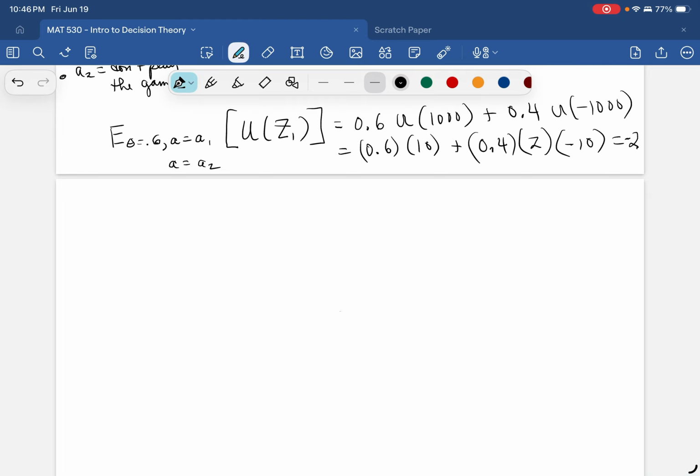Now let's look at what happens if n is 2. Remember, n is the predetermined number of times that this game will be played. So here, the coin will be flipped 2 times. One important aspect of this particular setup is that we've got to apply the utility to our total monetary change.